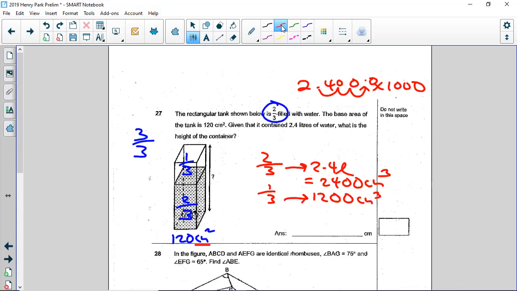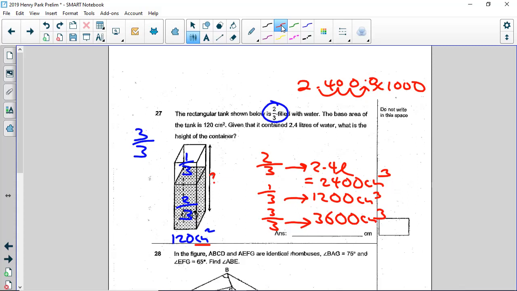So what is the height of the container? To find the height of the container, you must know the volume of the container. So what's the volume of the container? 3 units. So 1,200 times 3, the volume of the container is 3,600 cm cube. And then how do you find the height?